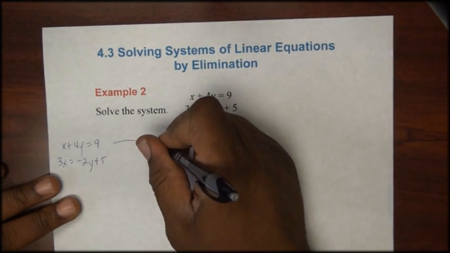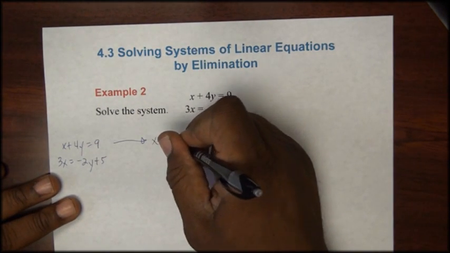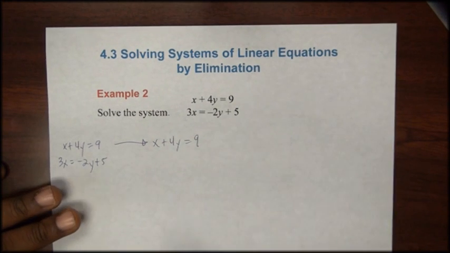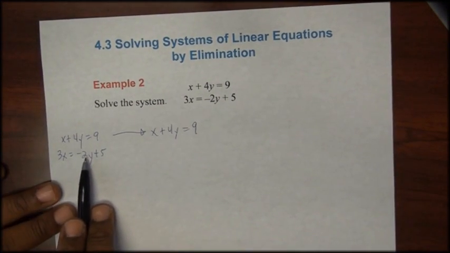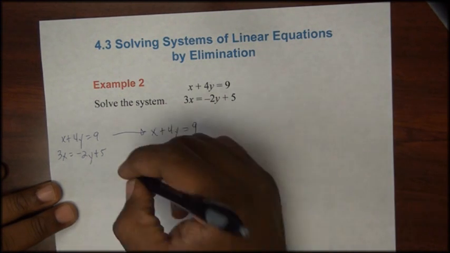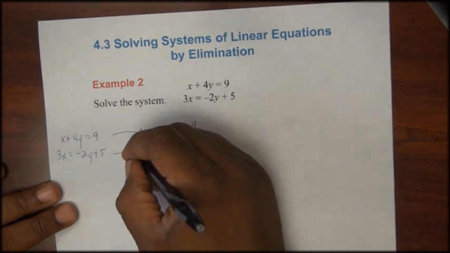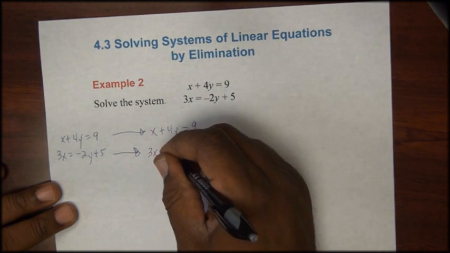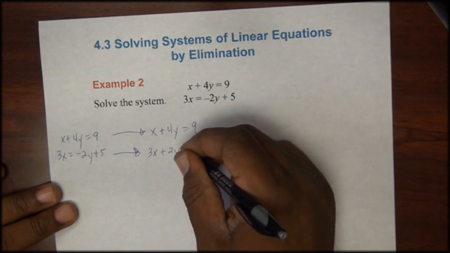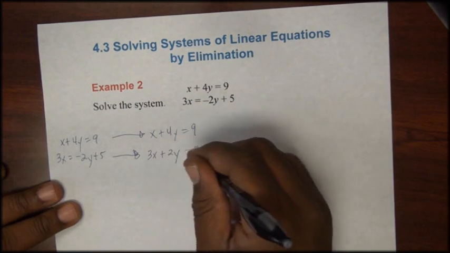Our first equation is already in standard form, so I'll just move that equation over. For that bottom equation, we should add 2y to both sides. So the bottom equation in standard form is 3x plus 2y is equal to 5.